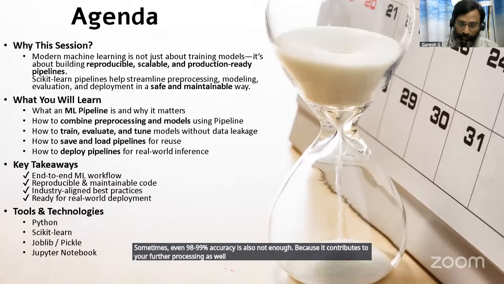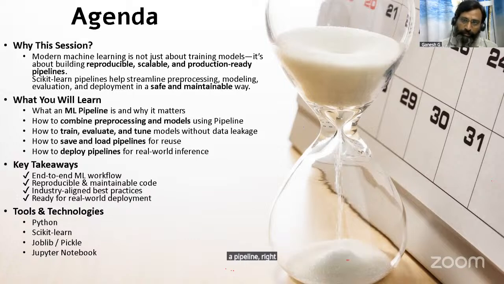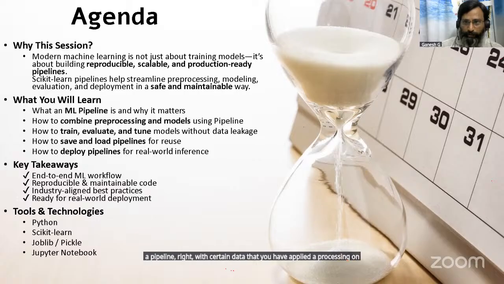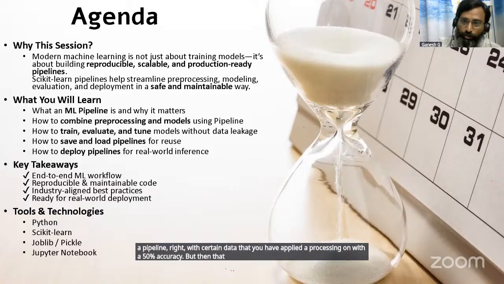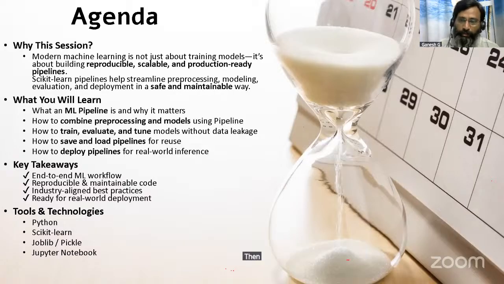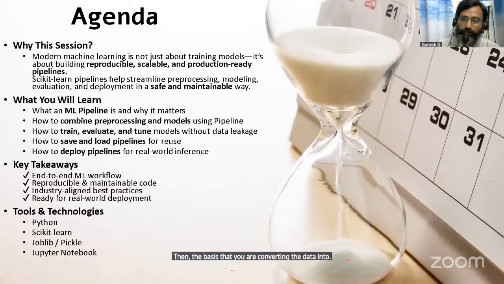Suppose you are creating a pipeline with data that you have processed with 50% accuracy, but that data is contributing to a more sensitive architecture, a more sensitive pipeline. Then the basis that you are converting the data into will itself fail, right? So we need to understand what level of accuracy I want to target.